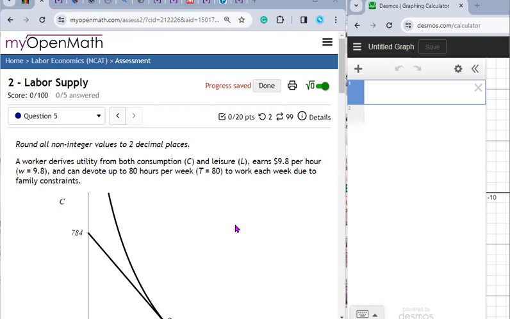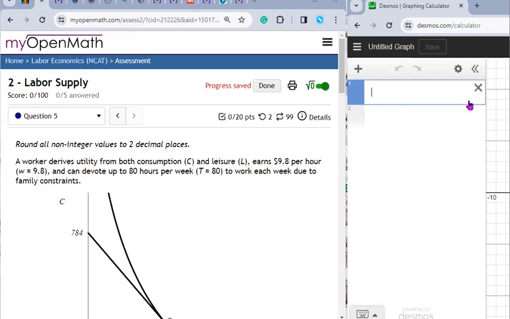If our wage goes up, then the price of our leisure goes up, and we're going to consume less leisure, right? But when our wage goes up, we feel wealthier. So there's this positive income effect, but there's also the substitution effect. So we're going to explore and decompose the income and the substitution effects.